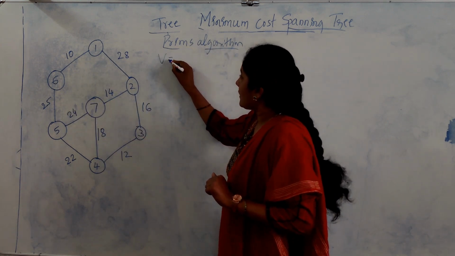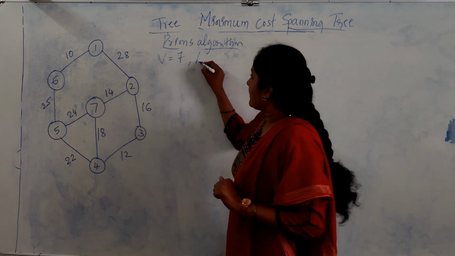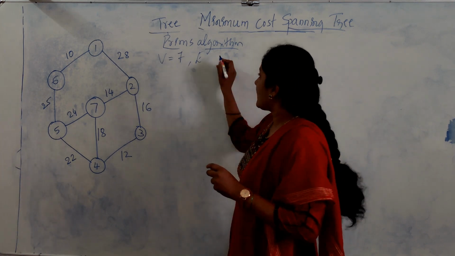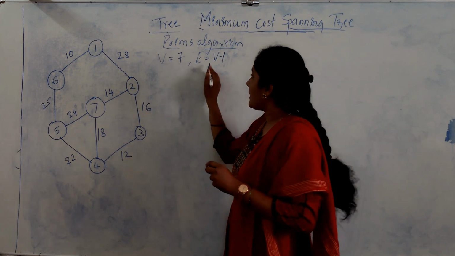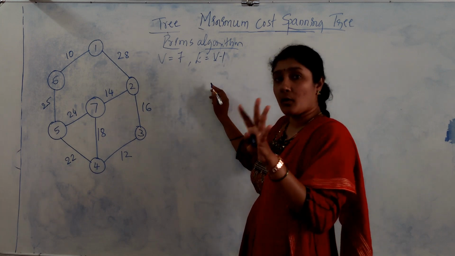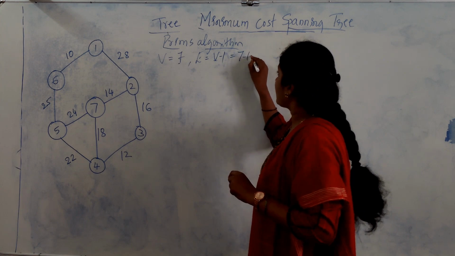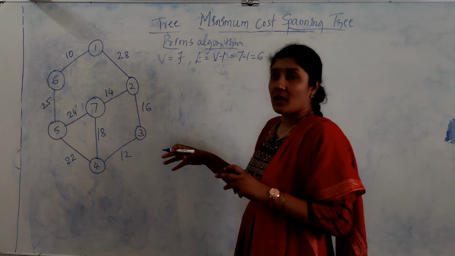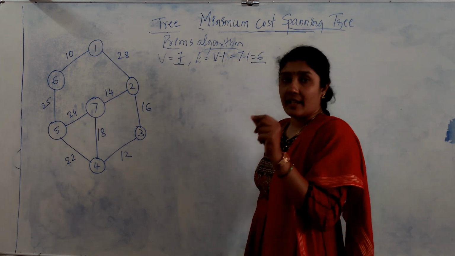So here the total number of vertices is 7, and the number of edges we require for a spanning tree is the number of vertices minus 1. Therefore, vertices 7 minus 1, that is 6. To make a spanning tree, we are supposed to have 7 vertices and 6 edges.